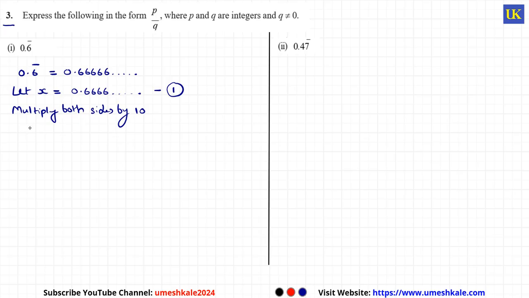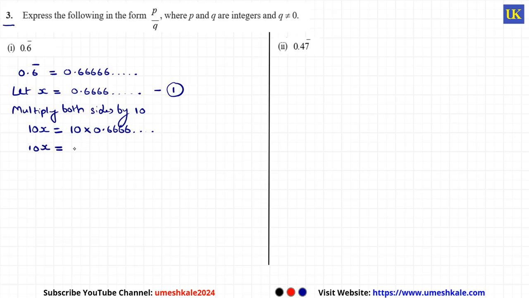So here this will become 10 into x, 10x, and this will become 10 into 0.6666.